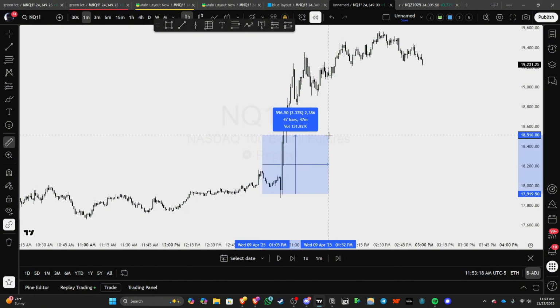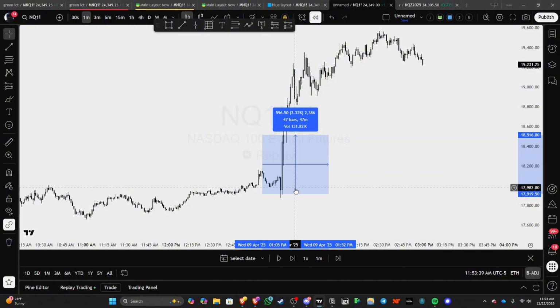Let's say you were in two minis short, and on a live account, you would ultimately lose 4,000 times 6. You would be down 24K. So with a live account, you would have blown your account.